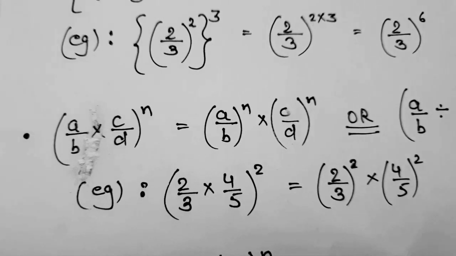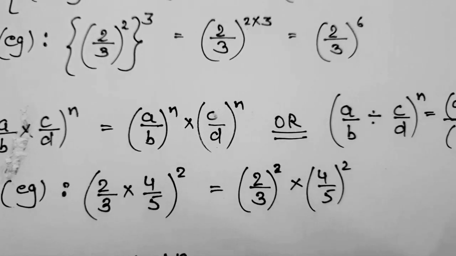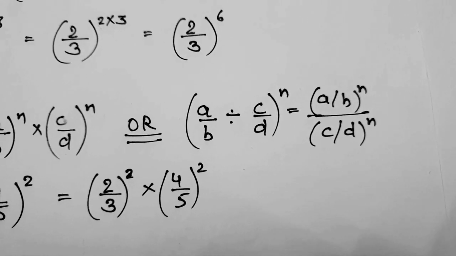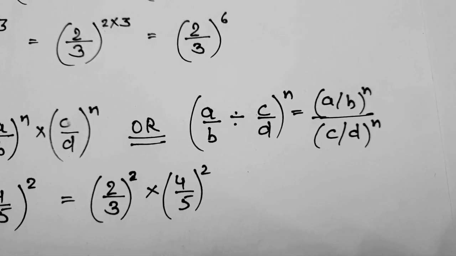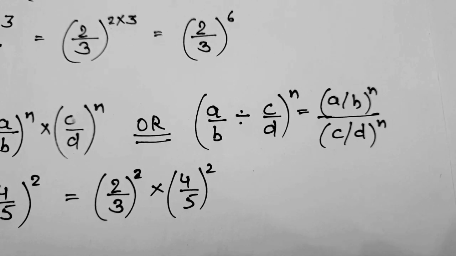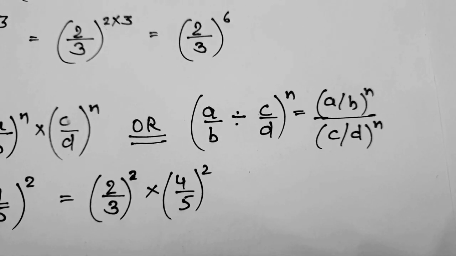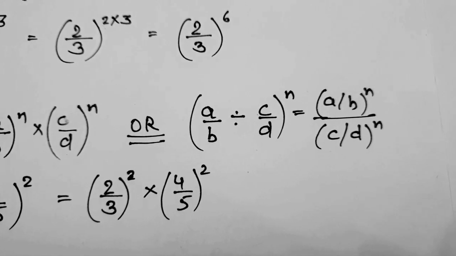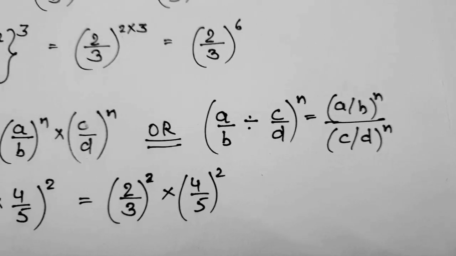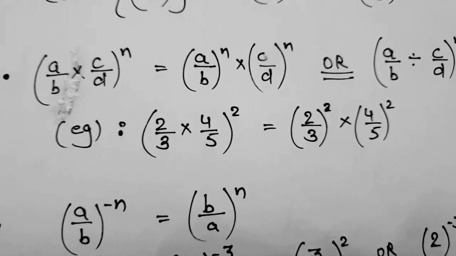Okay, so what if the case is of division? It is the same as in the case of multiplication. Now (a/b divided by c/d)^n. So it will be treated like (a/b)^n divided by (c/d)^n. Let's see the example.